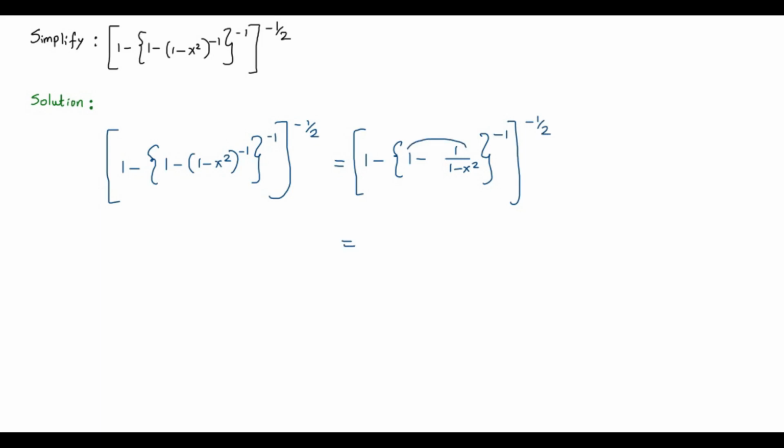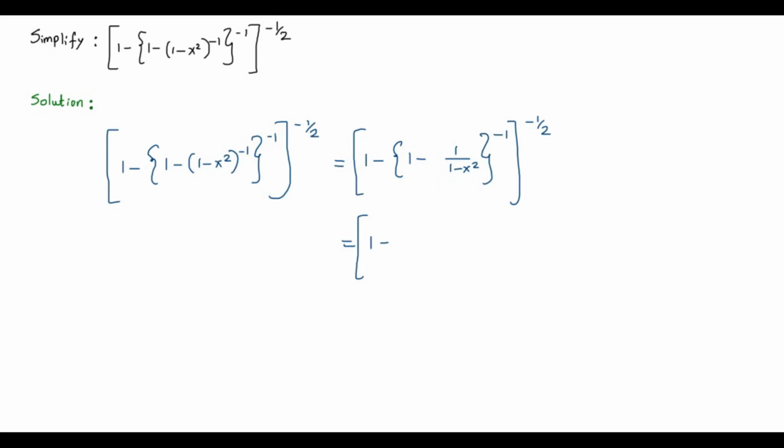Okay, here we can simplify this. I'm going to subtract this fraction from this integer 1. So to do this subtraction, I multiply this denominator by this integer. Once this multiplication is done, I can take this 1 minus x square as the common denominator. So now I'm going to multiply this denominator by this 1.